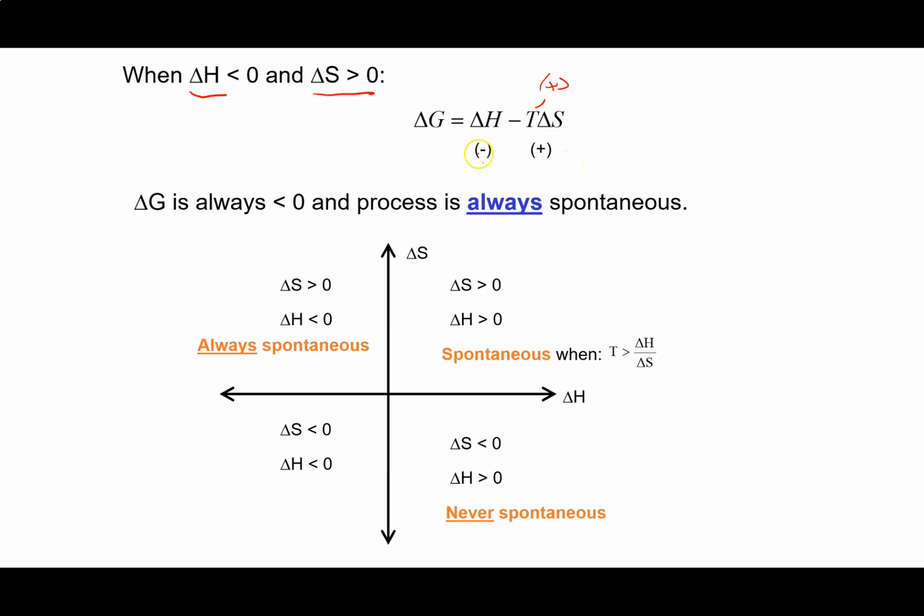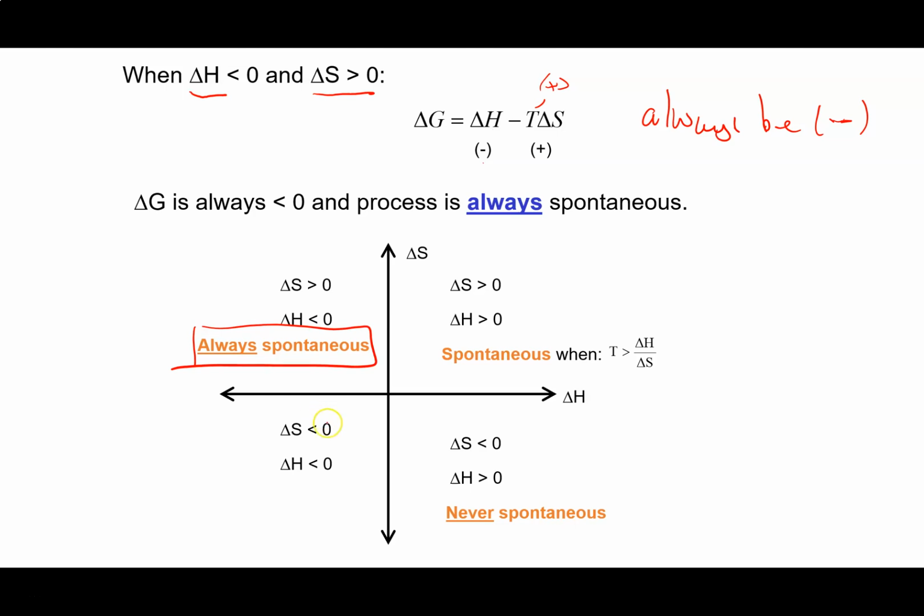So we're going to have a negative number subtracting a positive number. And so that would always be negative. So delta G will always be negative for this case. So that means that when delta S is positive and delta H is negative, your reaction will always be spontaneous.